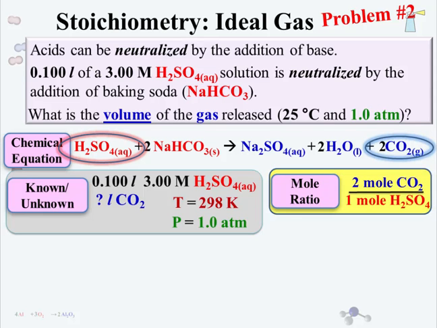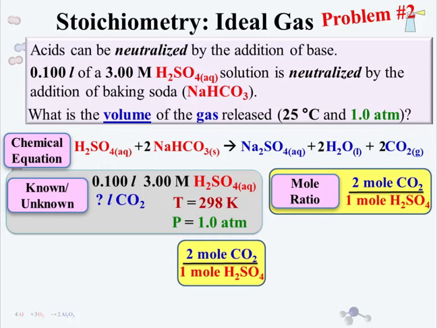The mole ratio is 2 moles of carbon dioxide over 1 mole of sulfuric acid. Place the mole ratio in the center of the solution equation and move on to step 4, getting into moles of the current substance, sulfuric acid, from a volume of aqueous sulfuric acid.